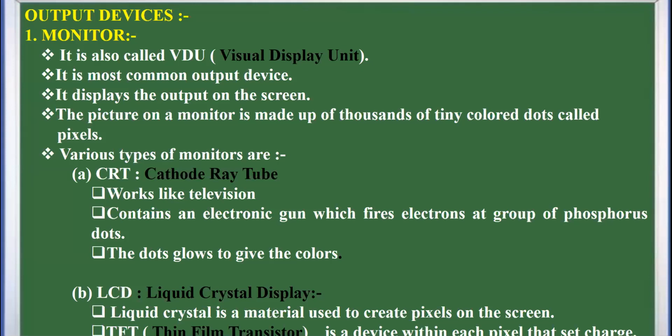These days we have LCDs at home. In the older days when LCDs were not there, televisions were there. You might have seen some old type television. In the same structure, CRT monitor used to be quite heavy in weight and they consumed a lot of power. Power consumption was very high in CRT monitor.